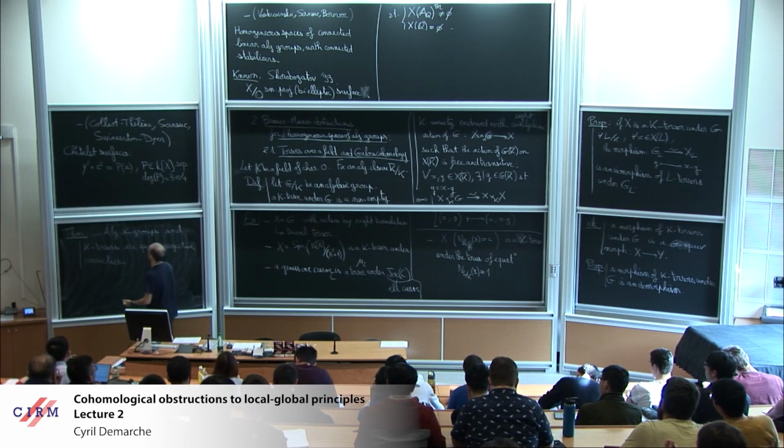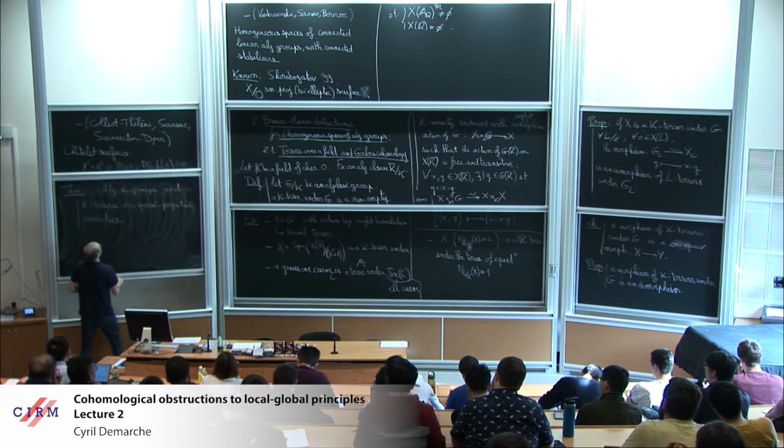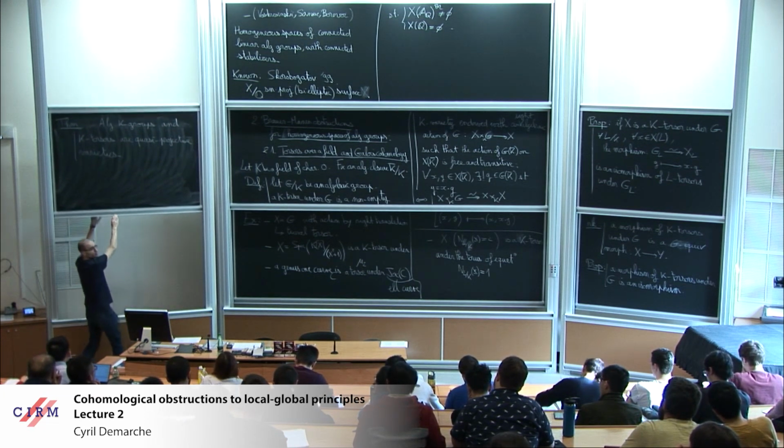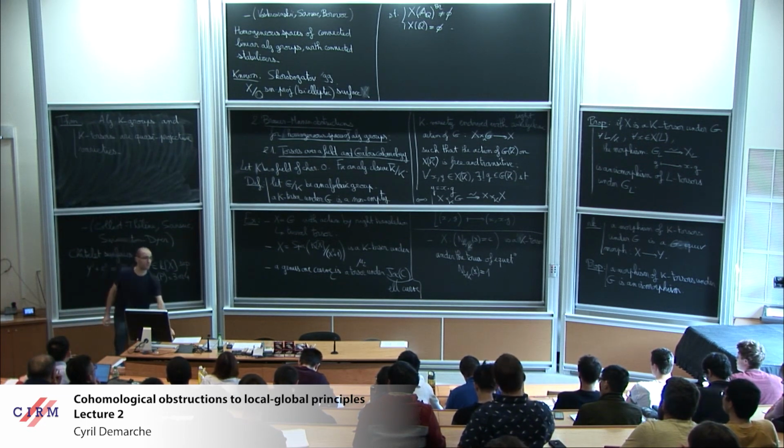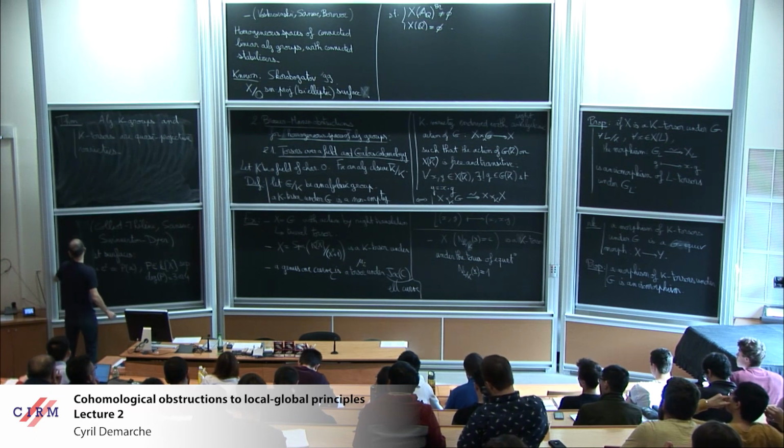As mentioned in the title, I want to relate the notion of torsors with the notion of Galois cohomology.